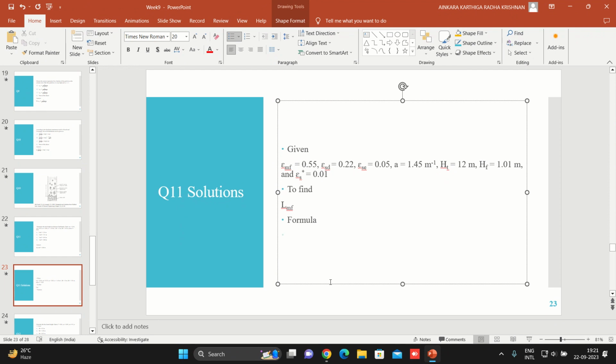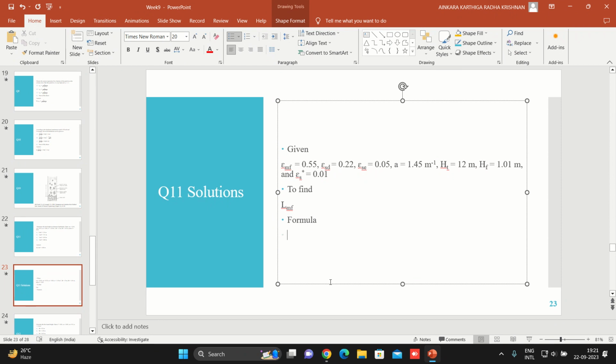So first we write all the given data. Given data includes void fraction at minimum fluidization condition, solid fraction, saturation carrying capacity. Solid fraction inside the dense bed it is 0.22.